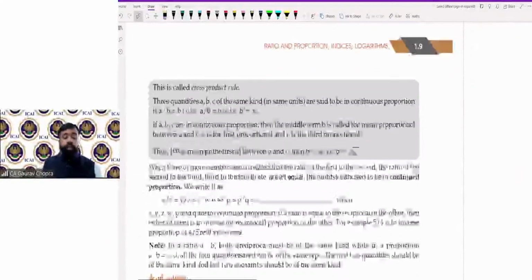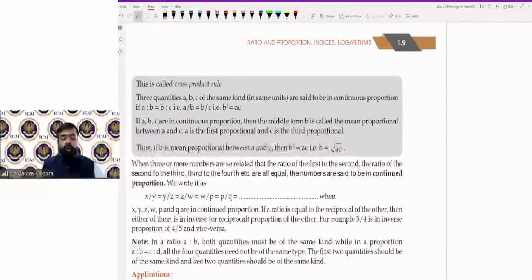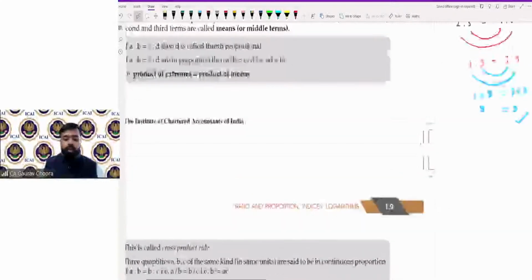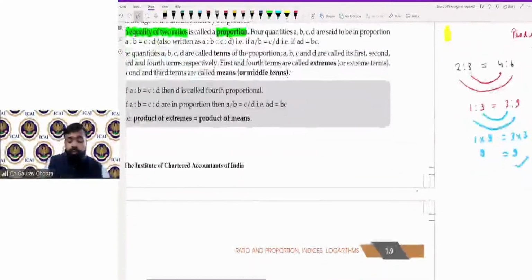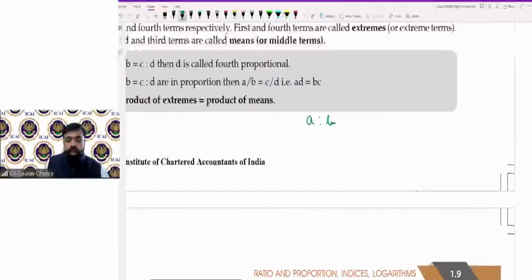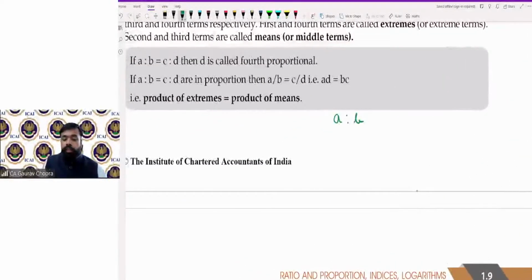Now, this method is known as cross product rule. How? Let's say there is one ratio A is to B and second ratio is C ratio D and there is equal to sign in between. Now in the previous class we have read that ratios can be written in the form of fraction as well.